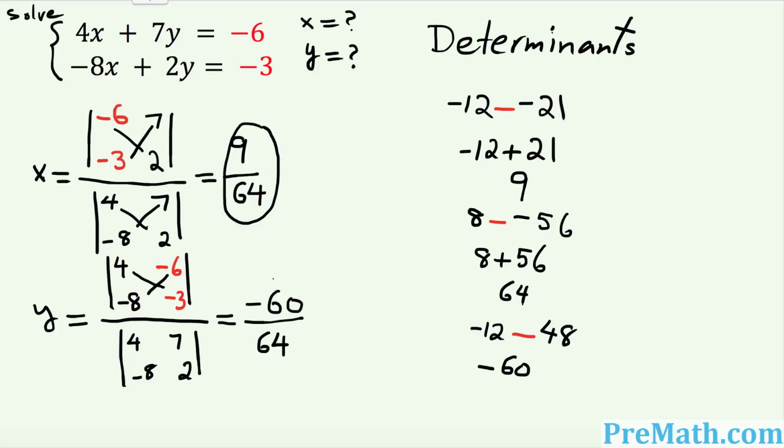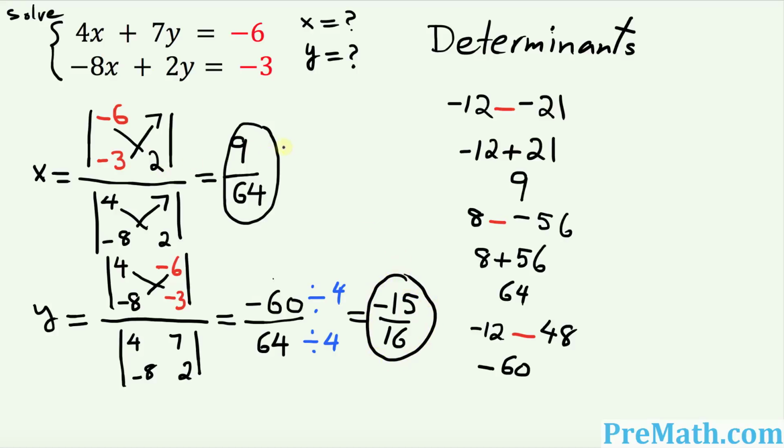And over here, look at the y fraction: these are both divisible by 4. You can divide both by 4. So that's going to become negative 15 over 16. So that is our simplified fraction.